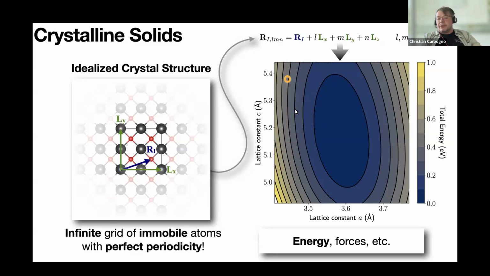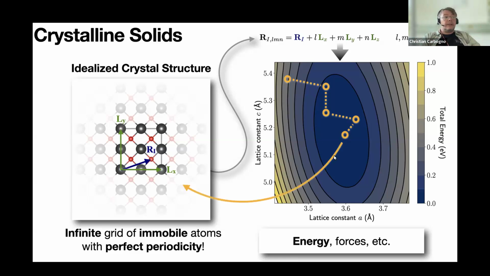Now, this is not a perfect algorithm that does this in one step. It's an iterative procedure. You do a calculation, jump to the next, do a calculation, jump to the next, and at some point you find the minimum. And when you're at this minimum, what you actually know is that the energy has reached a minimum. If it's a minimum, there are no more forces acting on the system.